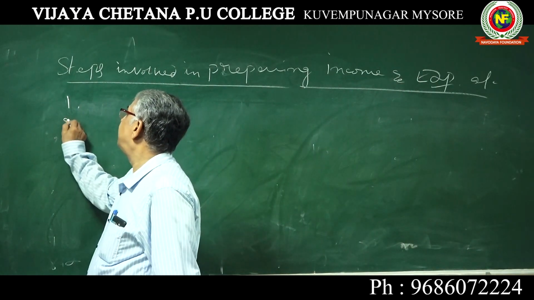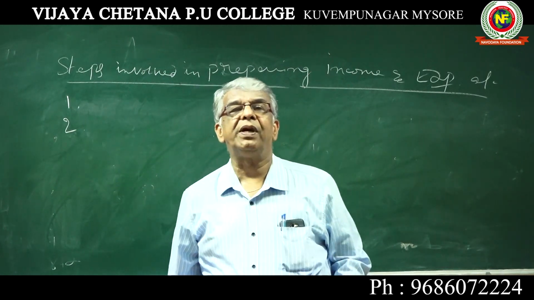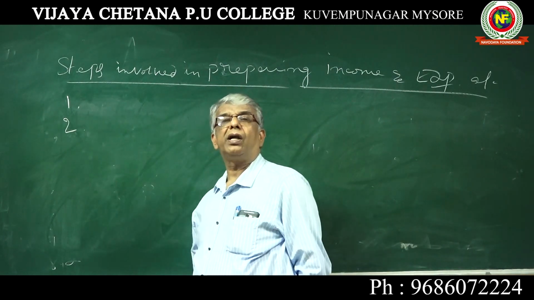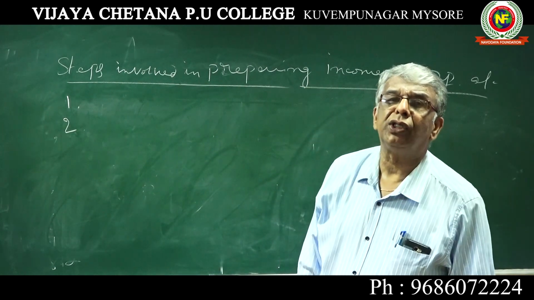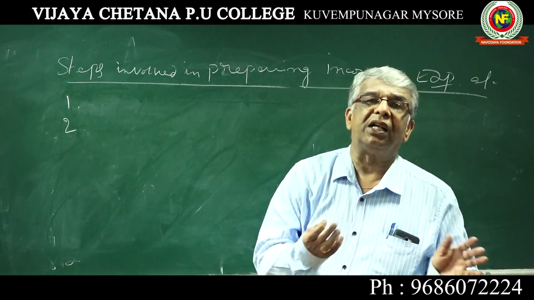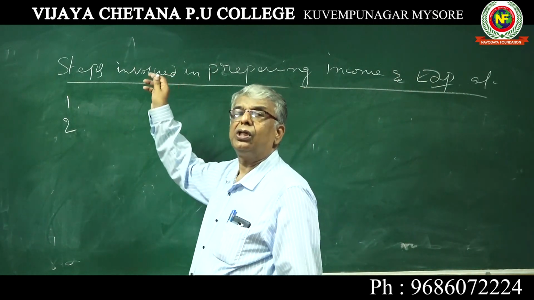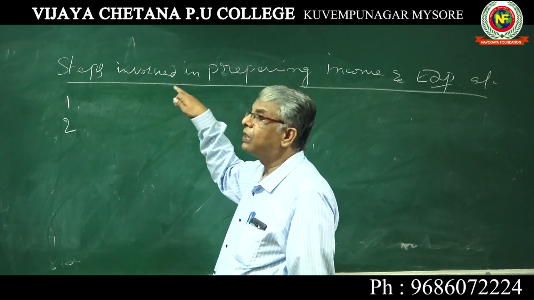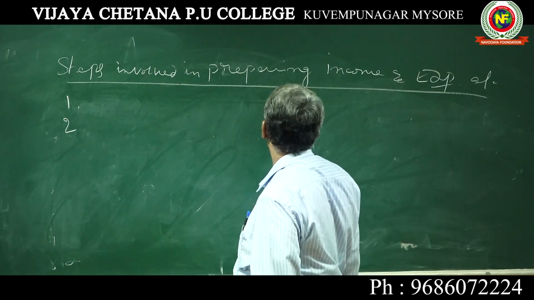After perusing that receipts and payments account, the second step is, this receipts and payments account contains both the opening and closing cash or bank balance. You delete that. You should not take into account the opening or closing cash or bank balance while converting the receipts and payments account into income and expenditure account.